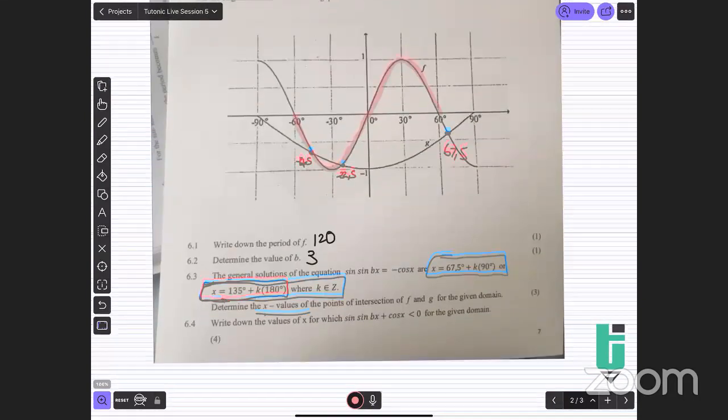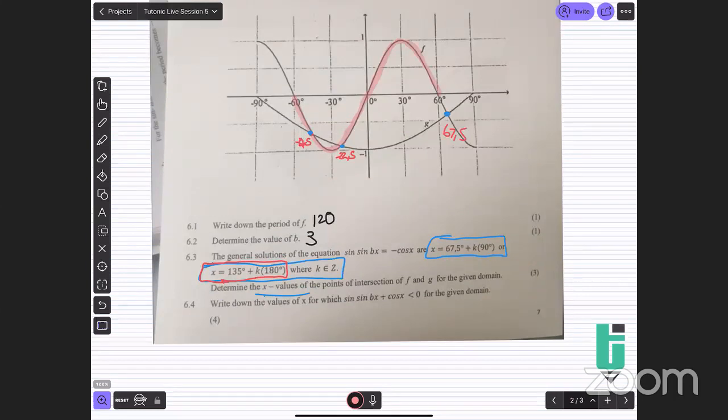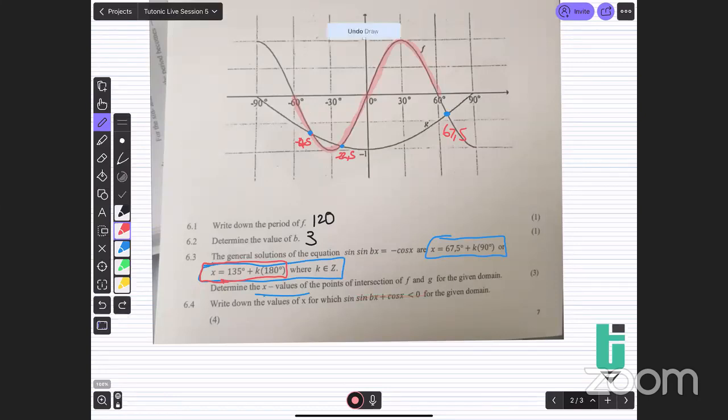Now it says, write down the values of x for which sine plus cos x is smaller than 0. What do you guys think we can do here? Have you guys seen questions like this before on Tutonic, on the bank? We've done similar questions.